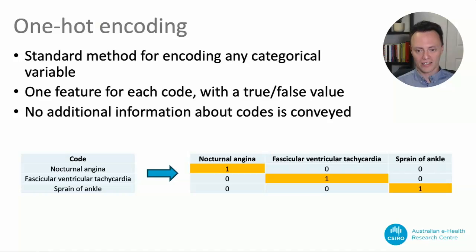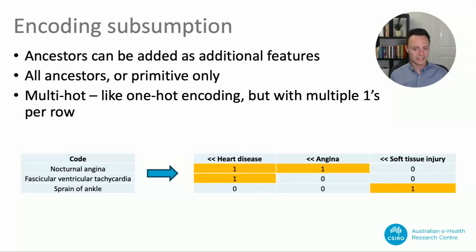One-hot encoding involves creating a table where each distinct code has its own column. We simply put a 1 in the column that matches our code and a 0 in all other columns. Each code is treated as being independent and not having any sort of relationship to other codes. We can extend the one-hot approach to include features from the terminology, such as the subsumption hierarchy.